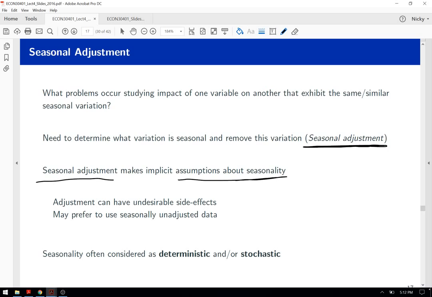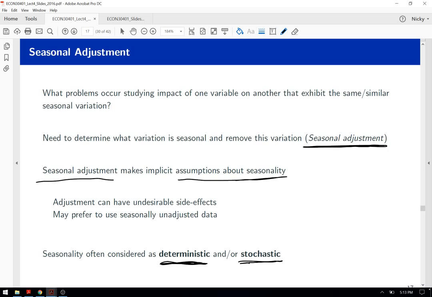So there are two forms of seasonality: deterministic, which in essence means that the seasonal pattern repeats exactly in a fixed way every year, or stochastic, namely that it doesn't repeat exactly, say, quarter on quarter each year. For example, there could be a shock at quarter 4, and that could permeate.